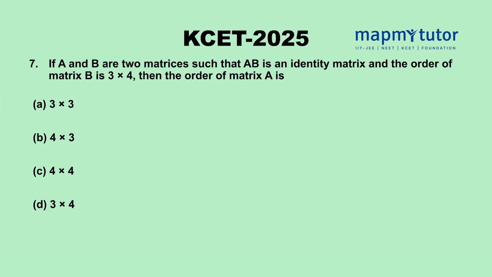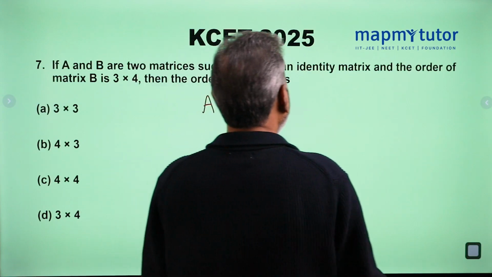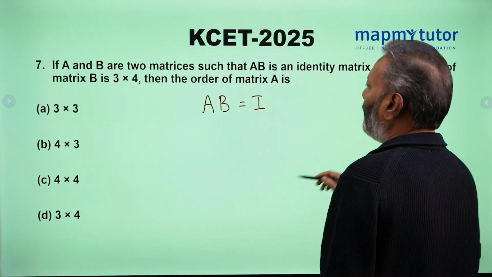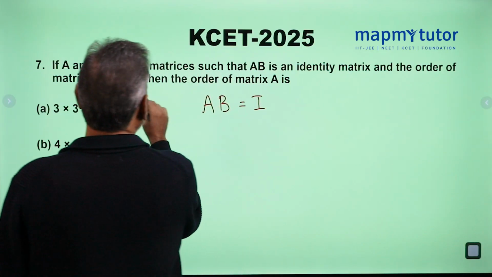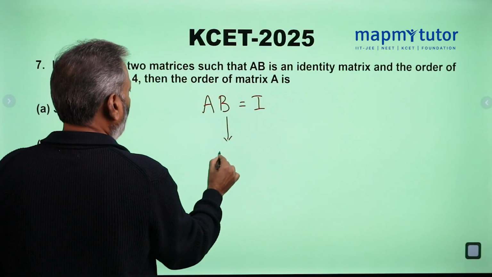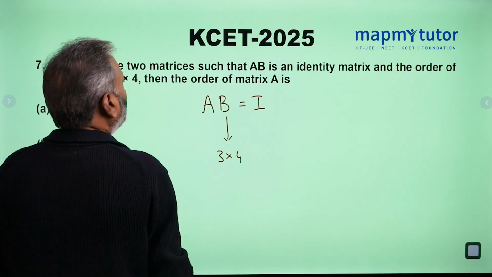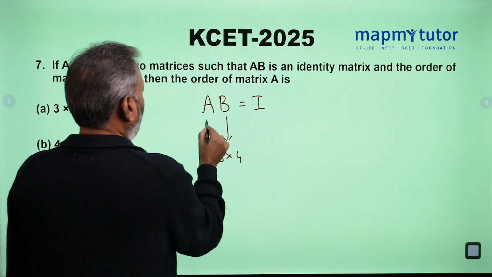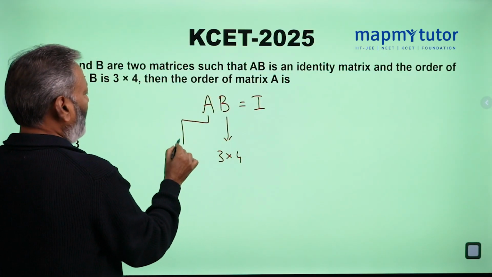A and B are two matrices such that AB is an identity matrix. That means AB equals I, and the order of matrix B is 3 cross 4. So, what can be the order of matrix A?